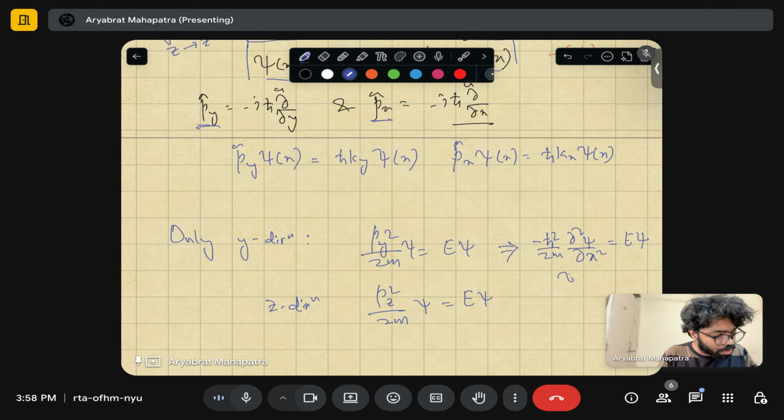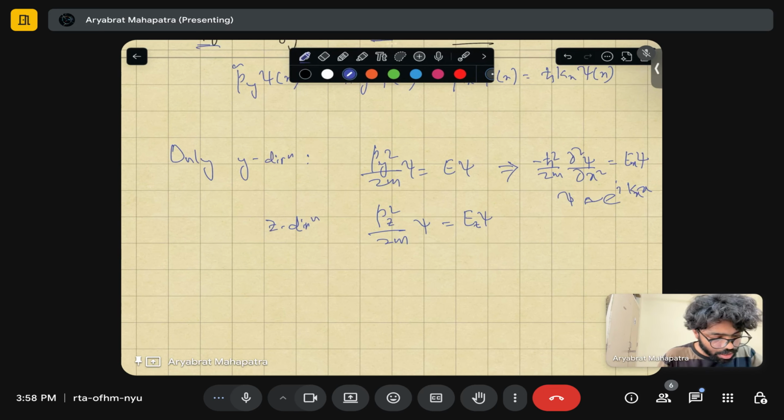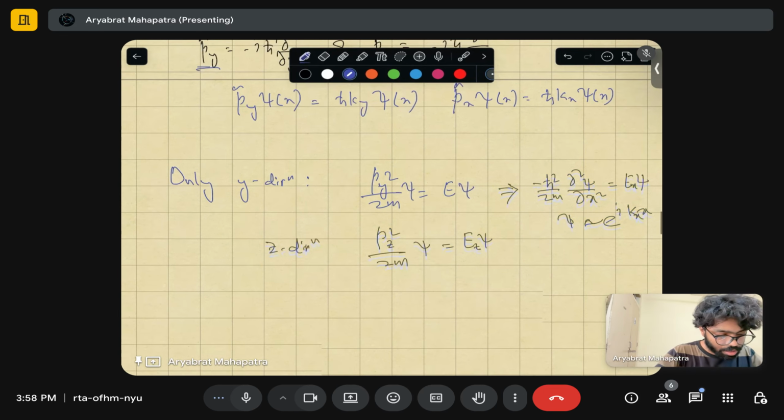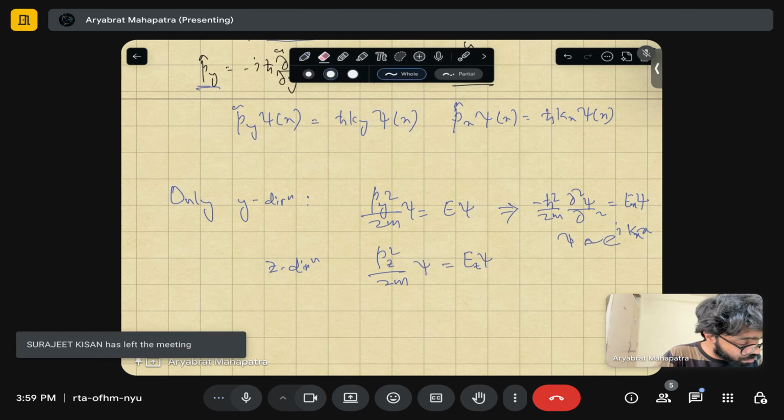The solution would be exponential of i k y y, let's say with energy Ey. Sorry, I kept writing x, which is not true; it is y.